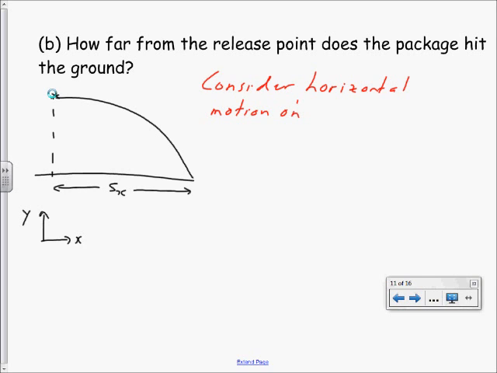Consider horizontal motion only. So this time the equation we apply, I said before, was that V was equal to S over T. What we're being asked for is S, velocity times time.